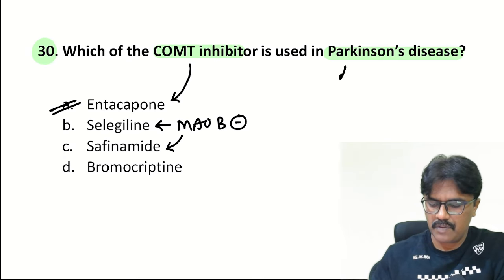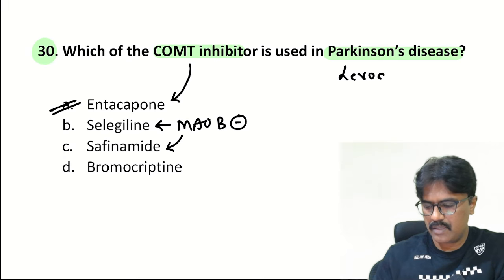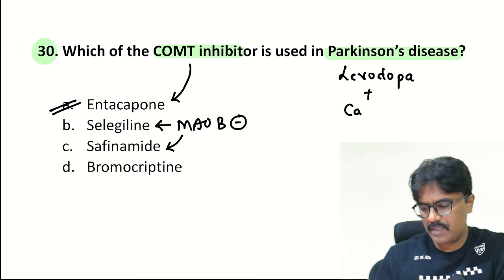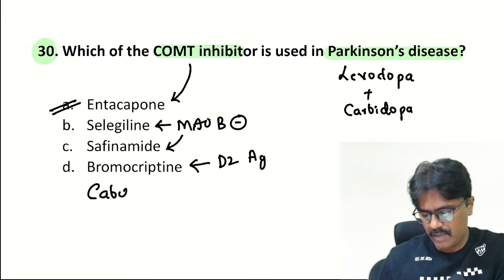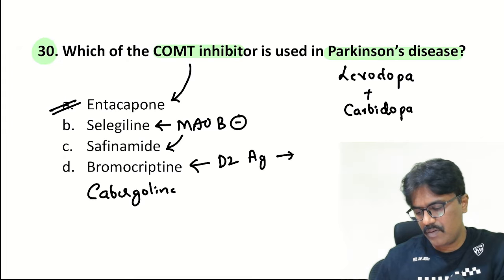The other drugs we use for Parkinson's are levodopa plus carbidopa. Then we also use D2 agonists. One is bromocriptine, cabergoline. The other D2 agonists are pramipexole, ropinirole, rotigotine.